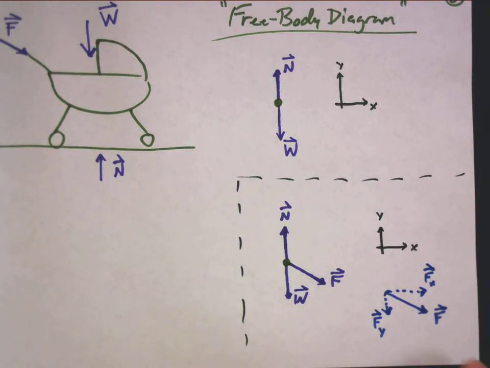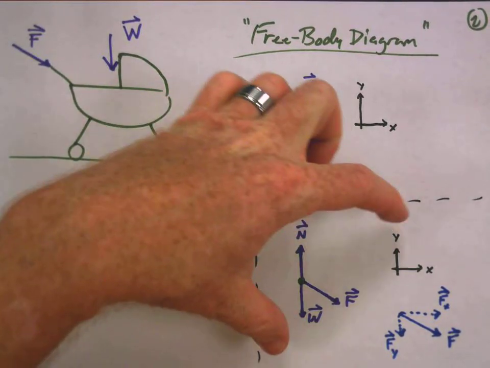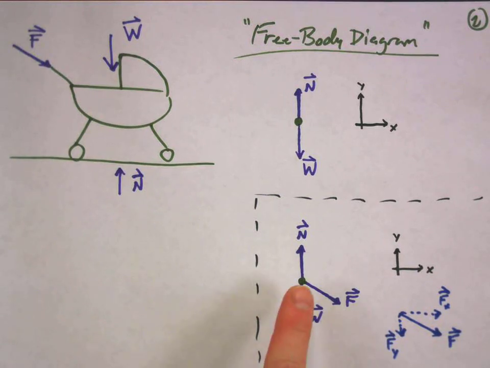And so you would typically do that separate from your main free body diagram. Absolutely do not do this on this part of the diagram. Please, just so you know.